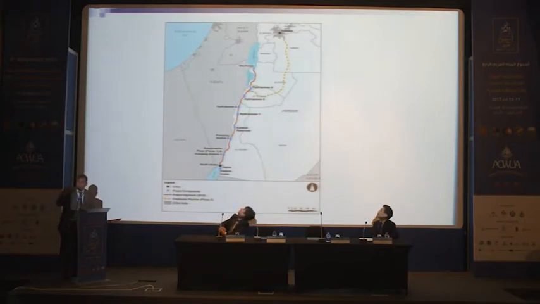This water is pumped to Amman city over an elevation difference of 1,200 meters. So you're talking about pumping a significant amount of water to supply part of Amman city, between 25 to 30 million cubic meters per day.